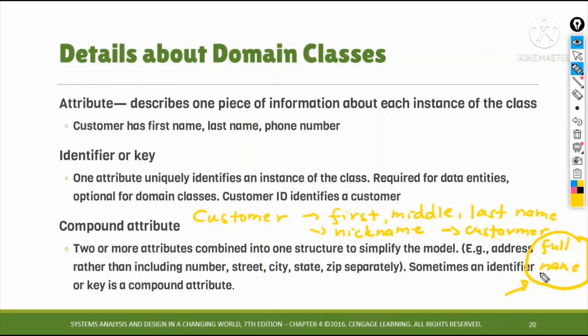So a compound attribute is two or more attributes combined into one structure to simplify the model. Another example is the address, rather than including number, street, city, state, or zip separately. And sometimes an identifier or key is a compound attribute. So that could also be possible.